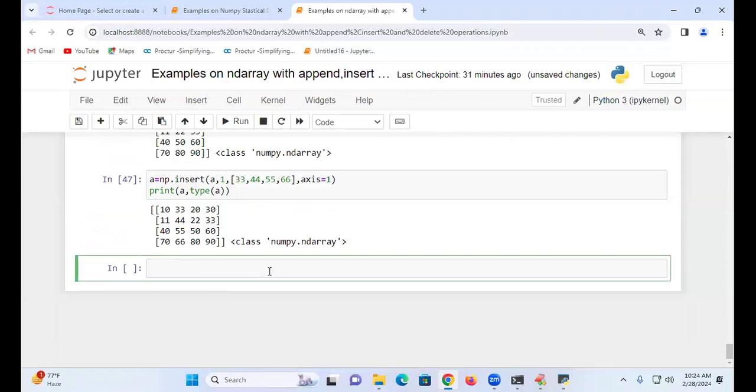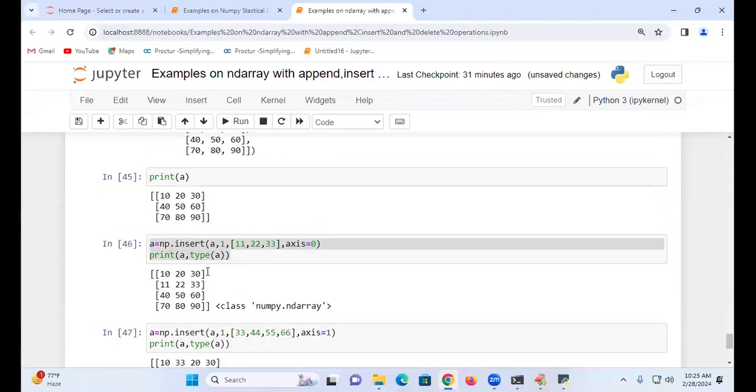There is no direct syntax available. What do you need to do? Get that single one, add the data, again use hstack or vstack, or insert, or append. So that you will get it. For that type of situation, if you are perfect in 1D and 2D, it is more than enough. Are you following?